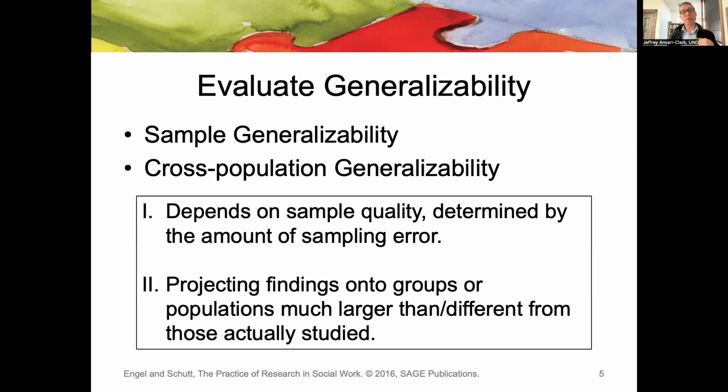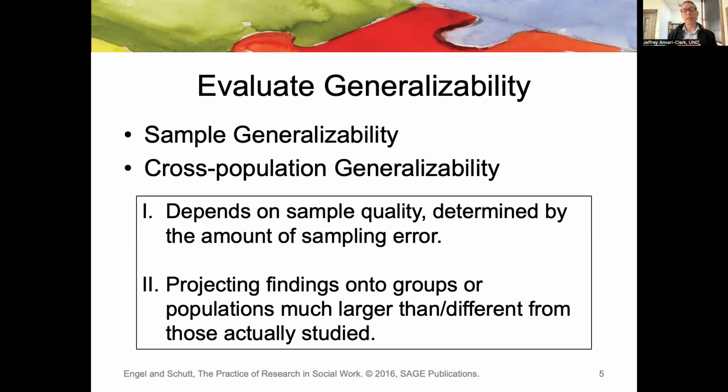And then we've got cross-population generalizability, where you say, well, it works for this population. Can I say that this works for other populations? If we did research in Grand Forks, does this apply to people who live out in the rural areas?